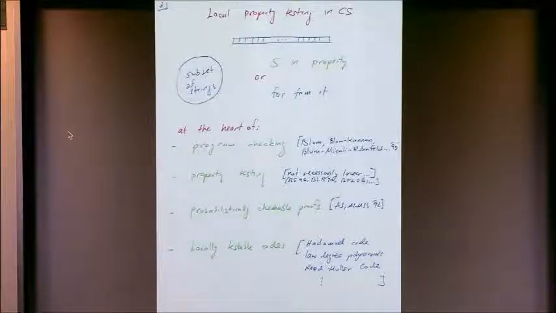Examples are the Hadamard code, low-degree polynomials, Reed-Muller codes. Never mind the names, but it goes in various directions.